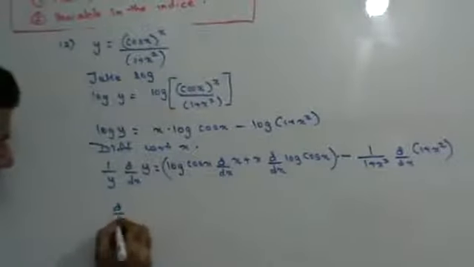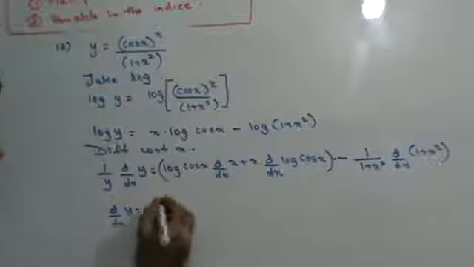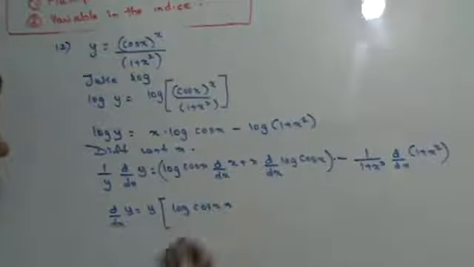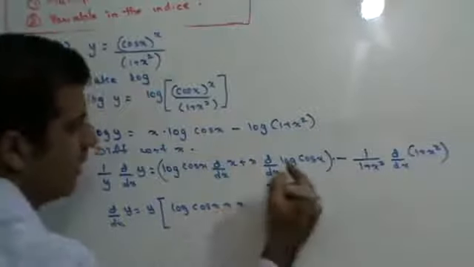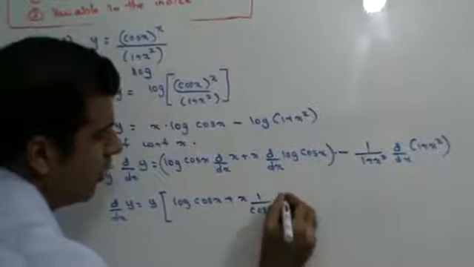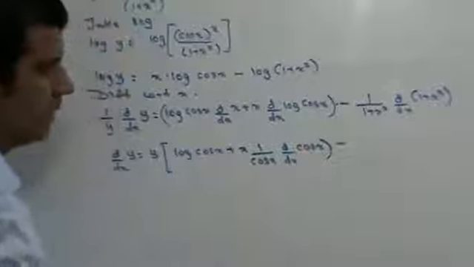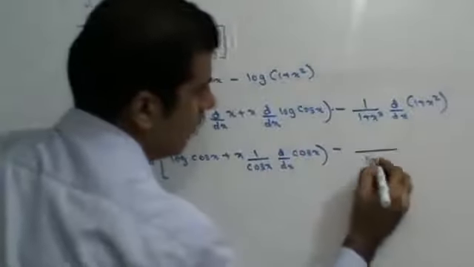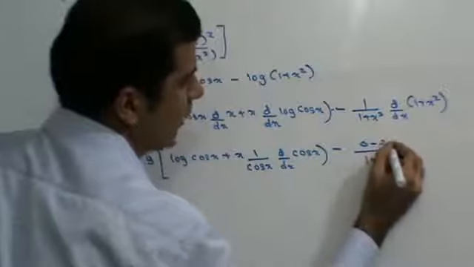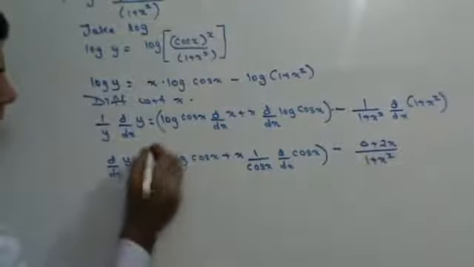So you will get dy dx of y is, division y goes on the other side, becomes multiplication, log cos x plus x, dy dx of log u is 1 upon u dy dx of u, minus 1 plus x square, dy dx of 1 is 0, dy dx of x square is 2x, right?